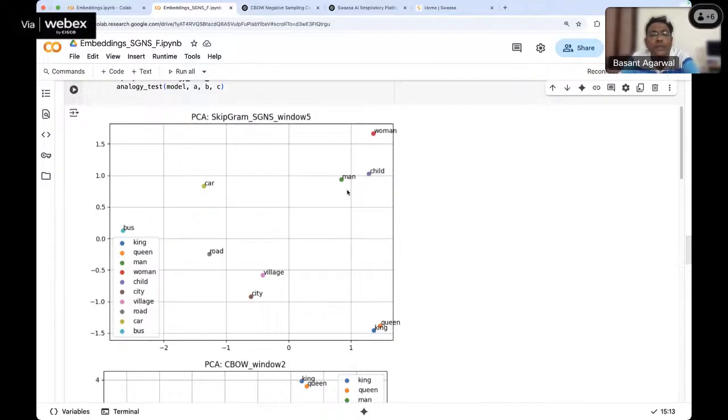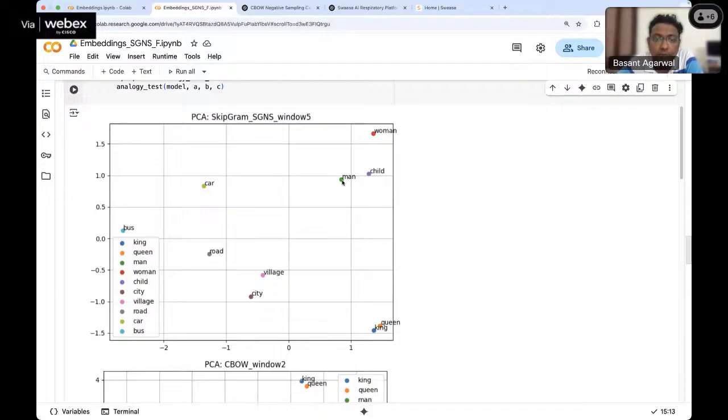Now this is the first model, in which we used skip gram with negative sampling and window size 5. You can see the sample target words which we have taken to observe their relationships and the semantic information they carry. Given the small corpus, the results are quite good.